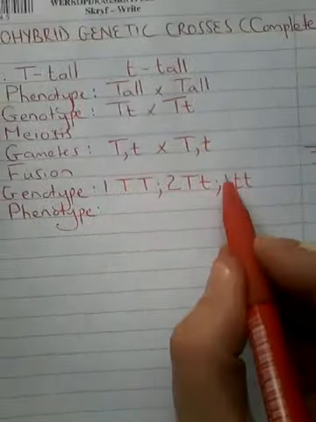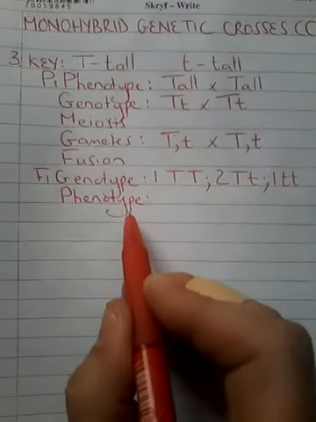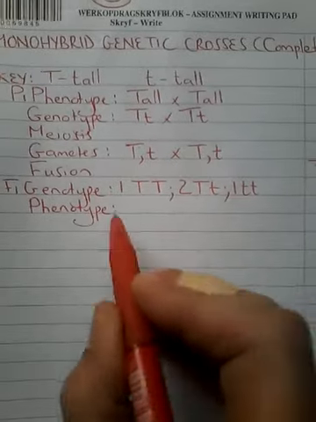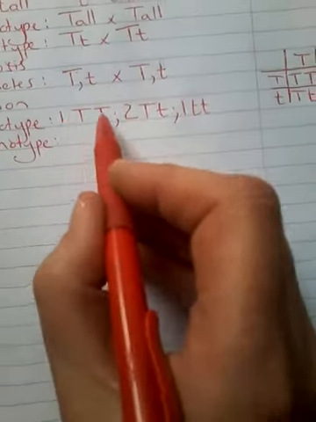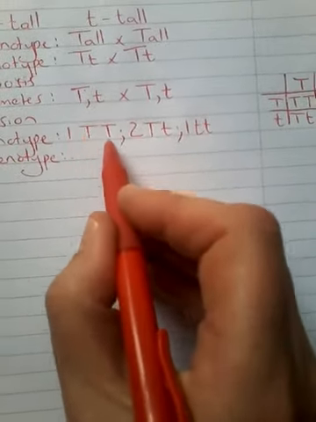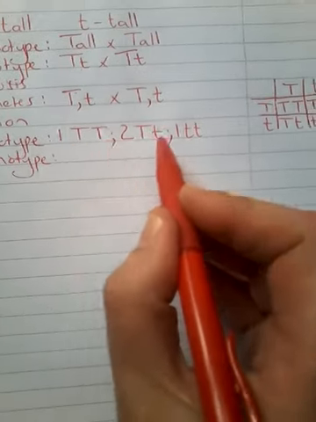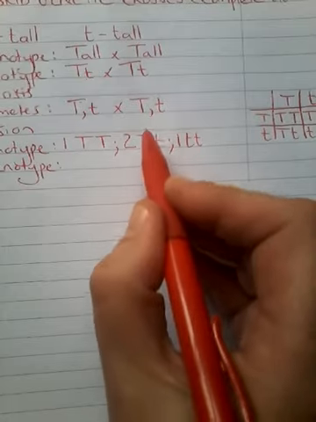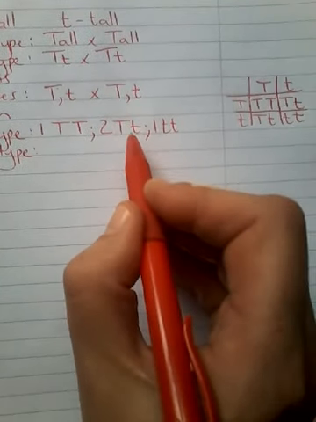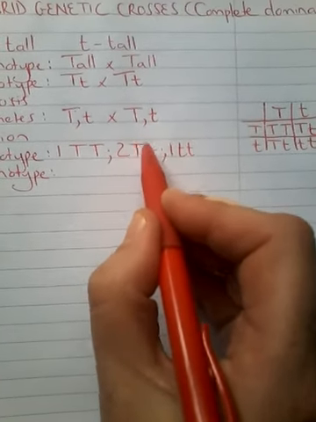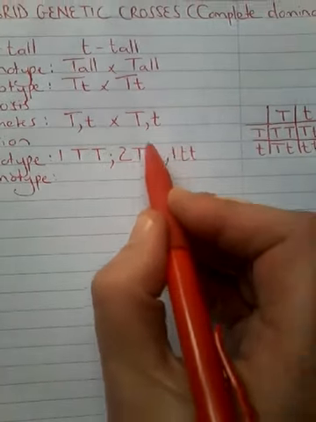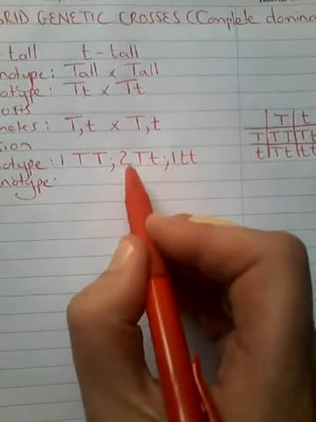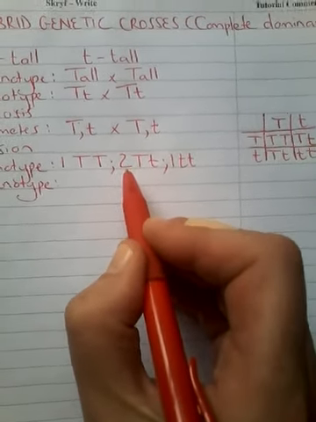Now we need to describe this in words in their appearance, whether they are short or tall. So this one is homozygous tall. That's 1. This also, even though it is heterozygous, the tall allele is dominant, so phenotypically these two plants will appear tall.